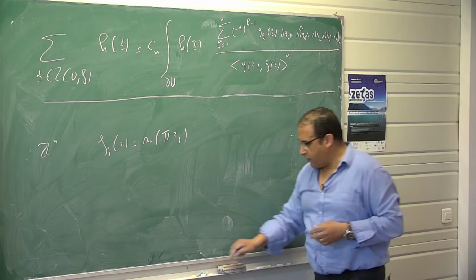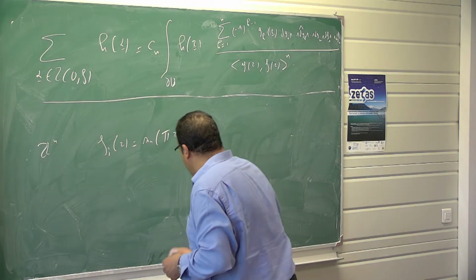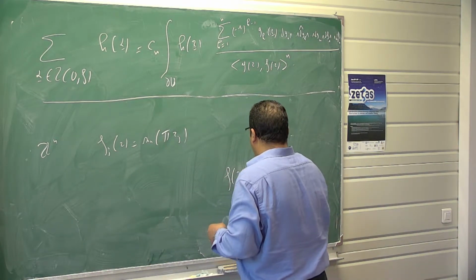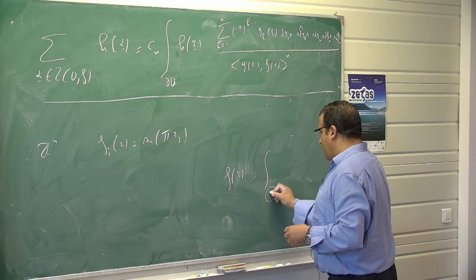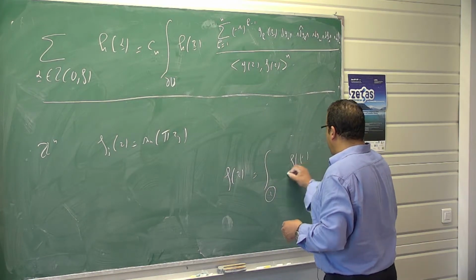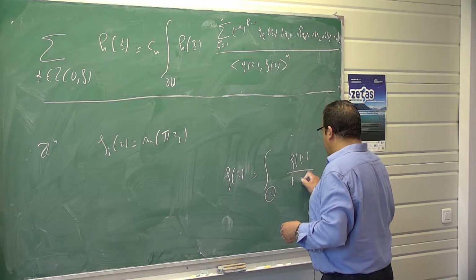In some sense, this is the right generalization of the residue formula. Because you know, for the residue formula in the one variable case, you write your function as the integral on some cycle around z of f(t) over t minus z.